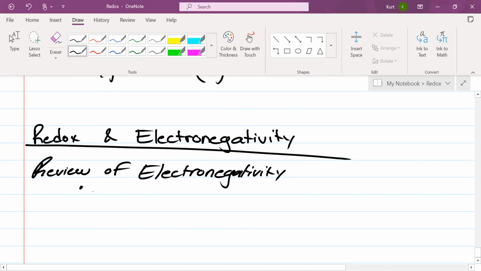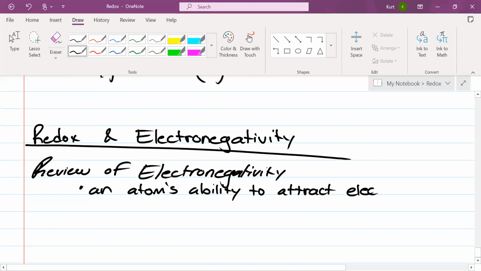Electronegativity is defined as an atom's ability to attract electrons.